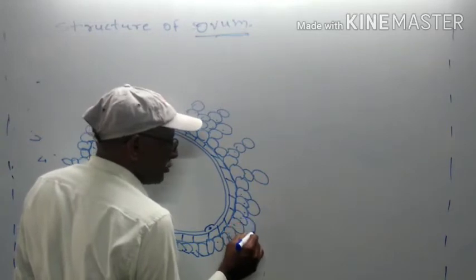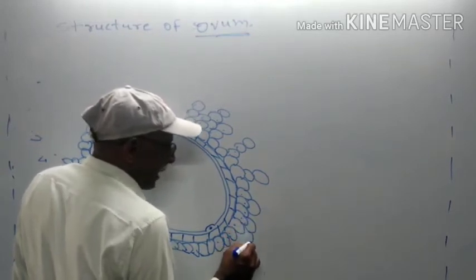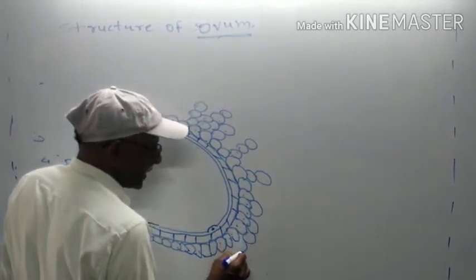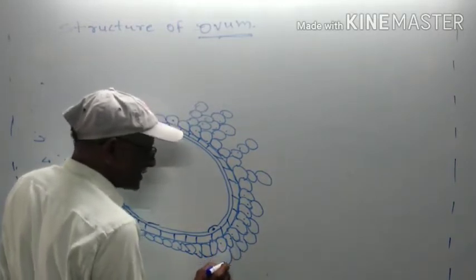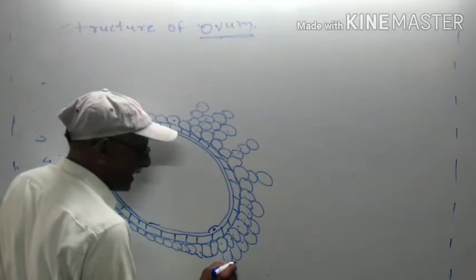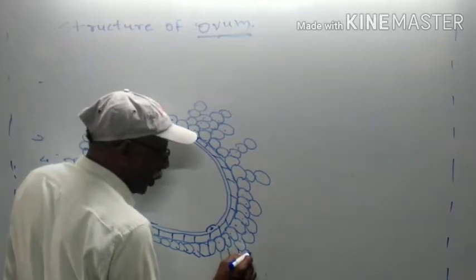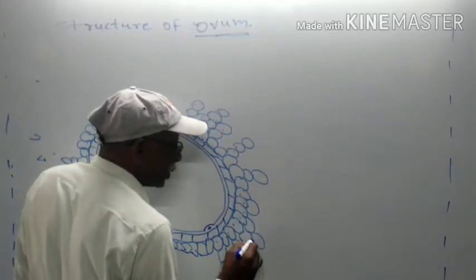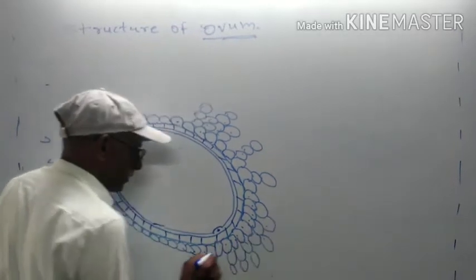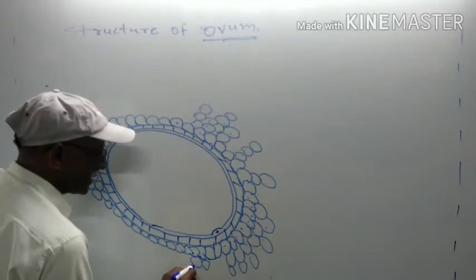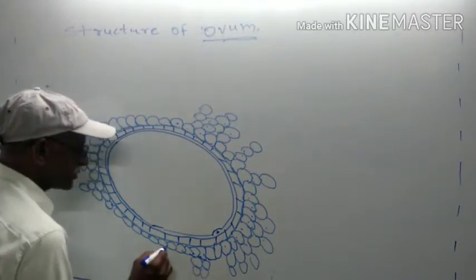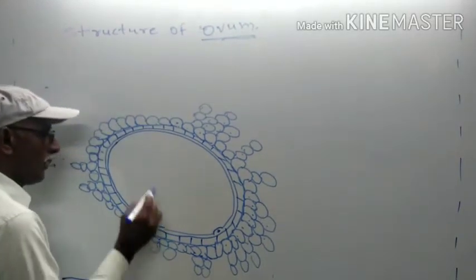Then it gets stimulation, and after the stimulation of the secondary oocyte, meiosis second is completed, and then a true ovum is formed, when the sperm enters into the ovum.